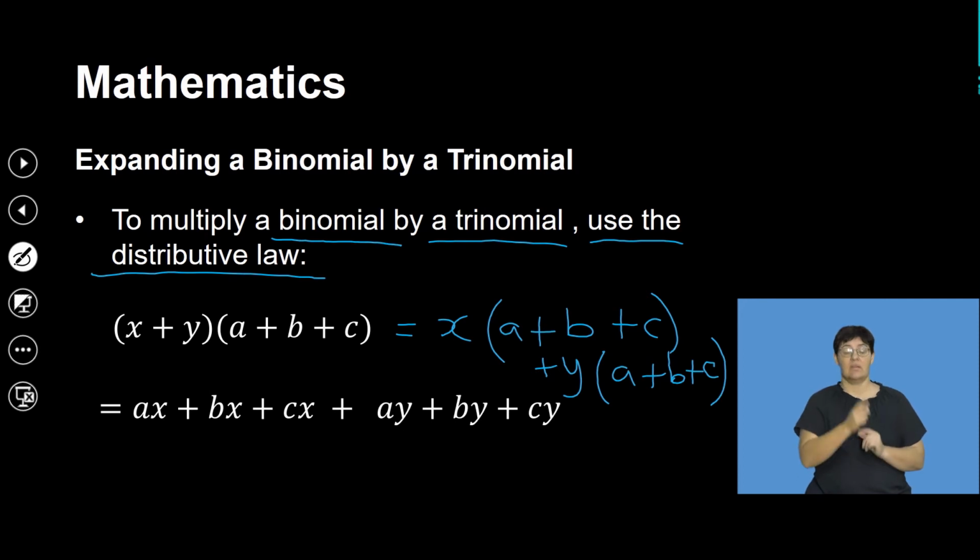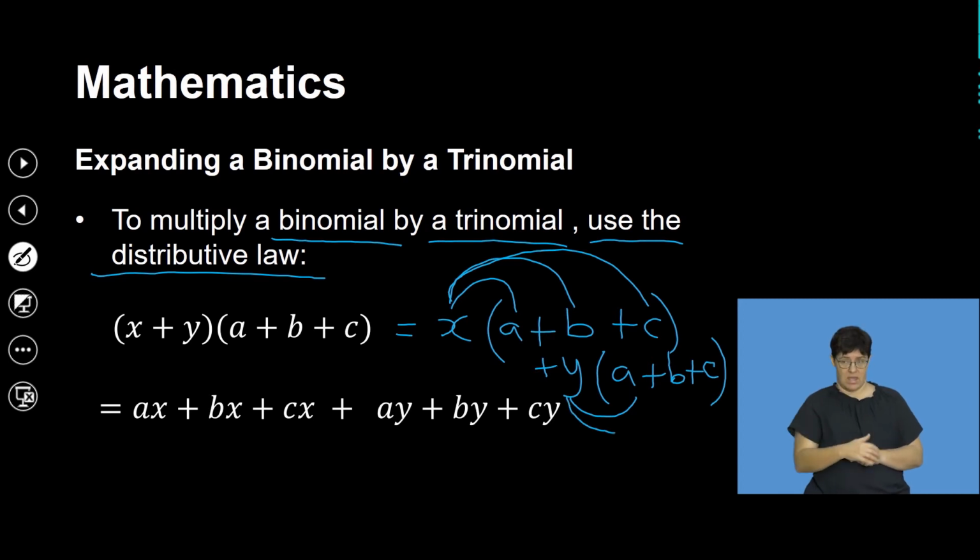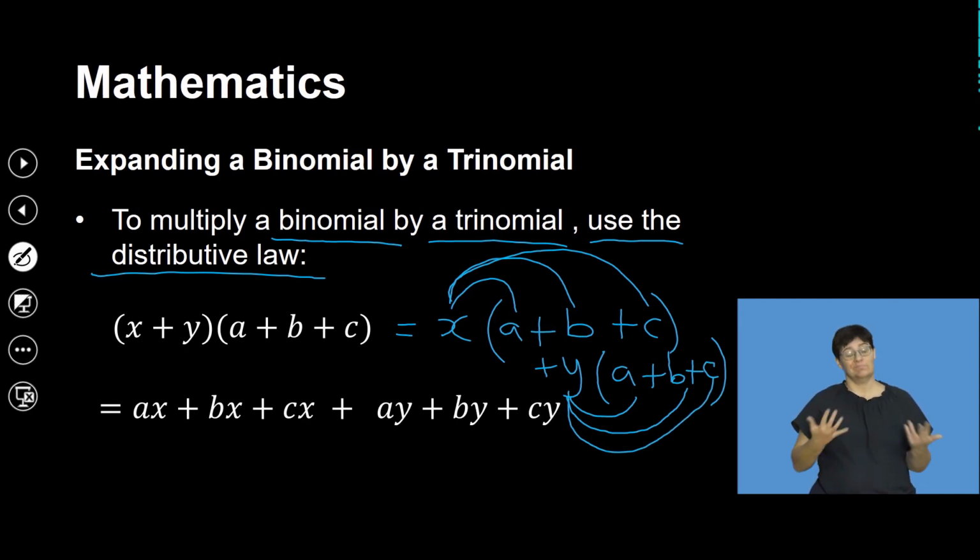And the answer that you're going to get from there: x by a is ax, x by b is bx, and x by c becomes cx. And then y by a is ay, y by b becomes by, and lastly, y by c becomes cy. So that's what you will then get.